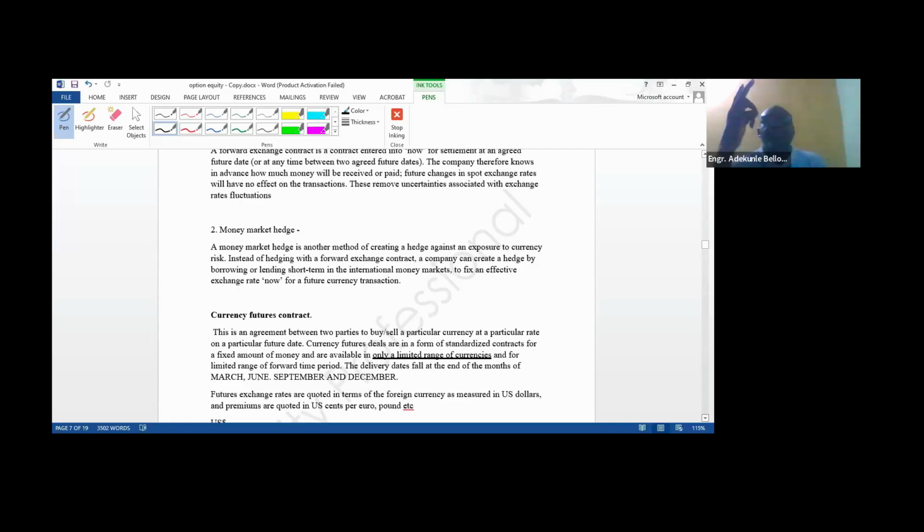In this market, a company can borrow or lend on a short-term basis so as to fix the exchange rates for future transactions.